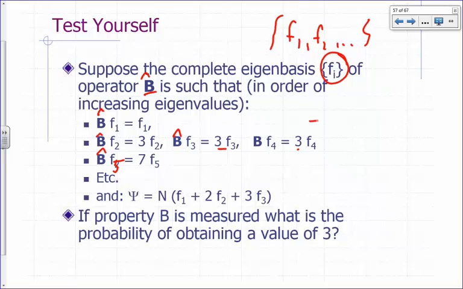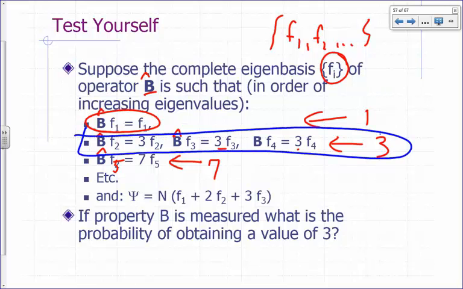What's the eigenvalue for this one? This one, what's the eigenvalue? 1. What's the eigenvalue for this one? 3. And what's the eigenvalue for this one? So we say, what is the degeneracy of the second level?